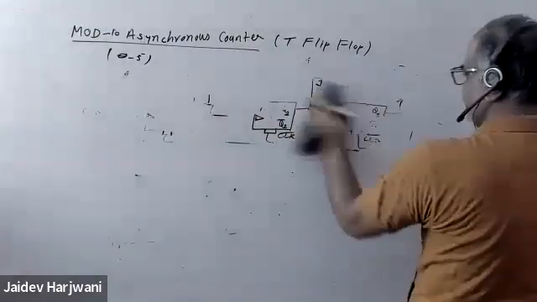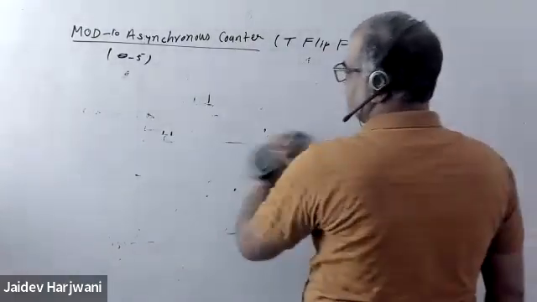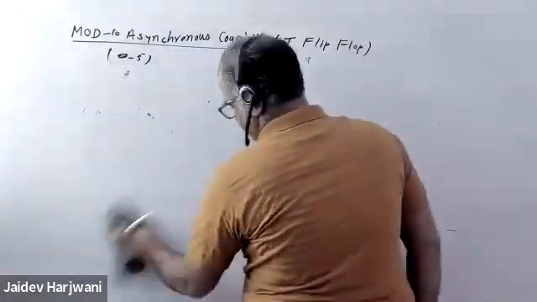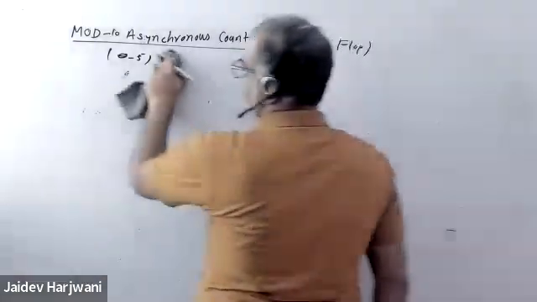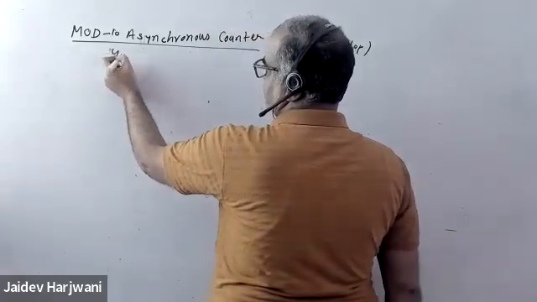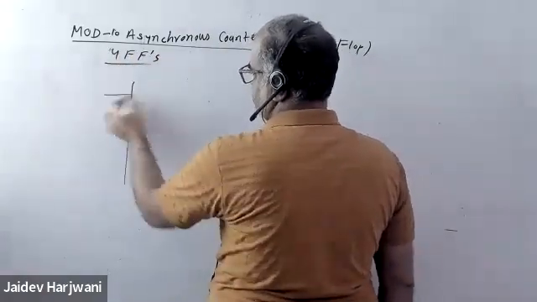First thing is you have to make the truth table, and identify the reset parameter. Once you know the reset parameter, things will be clear. For a mod 10 counter you need at least 4 flip-flops, which we'll discuss later. First you make the table.